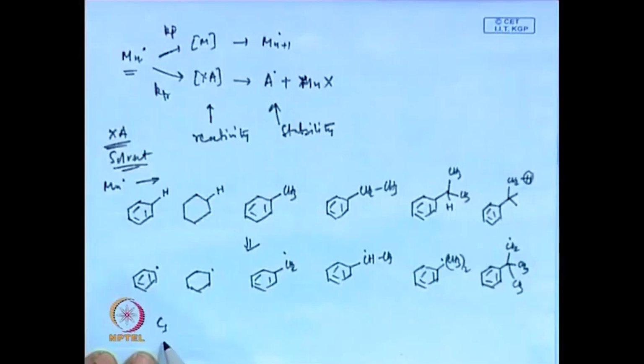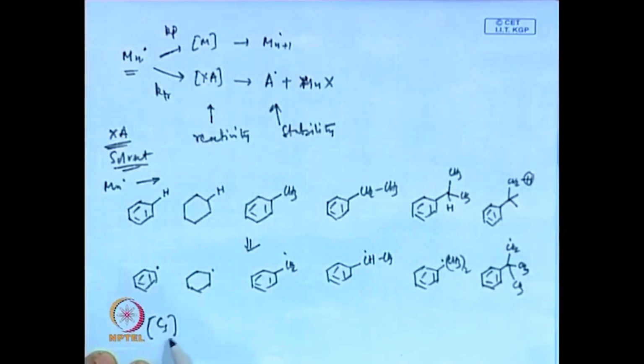So, what we will do in the next lecture, let us start from this page and look at the value of this C_s, the transfer constant, and as you know, the higher the value of C_s, the more the solvent participates in the transfer reaction. So, lower would be the molecular weight of the resulting polymer.